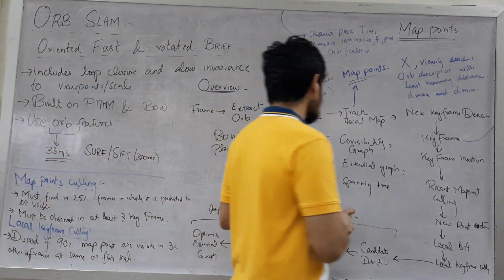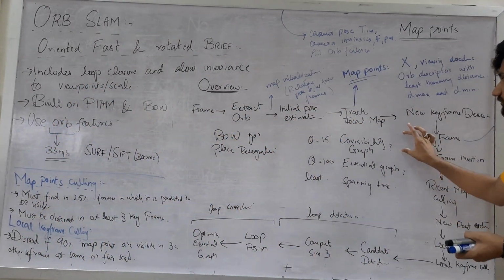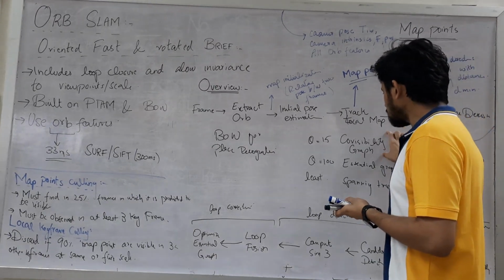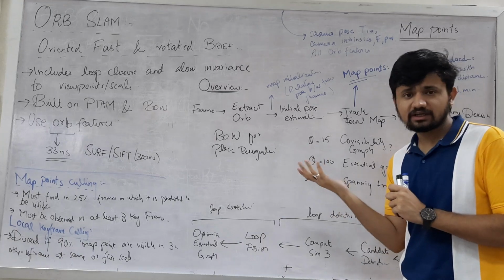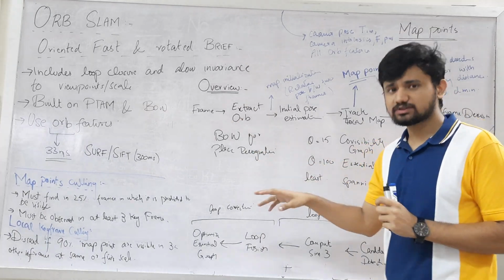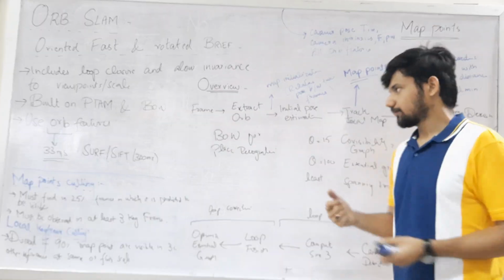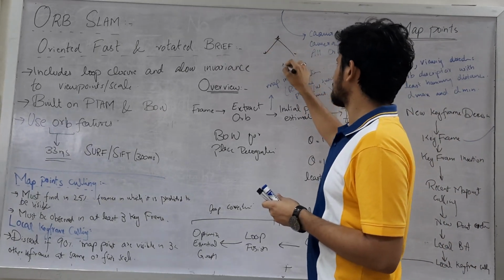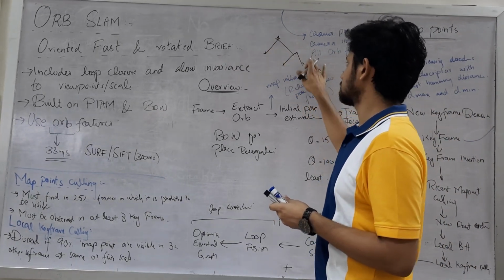Now what is the essential graph? First we will start with the covisibility graph. In a graph there are nodes and there are edges. These are nodes and these are edges.